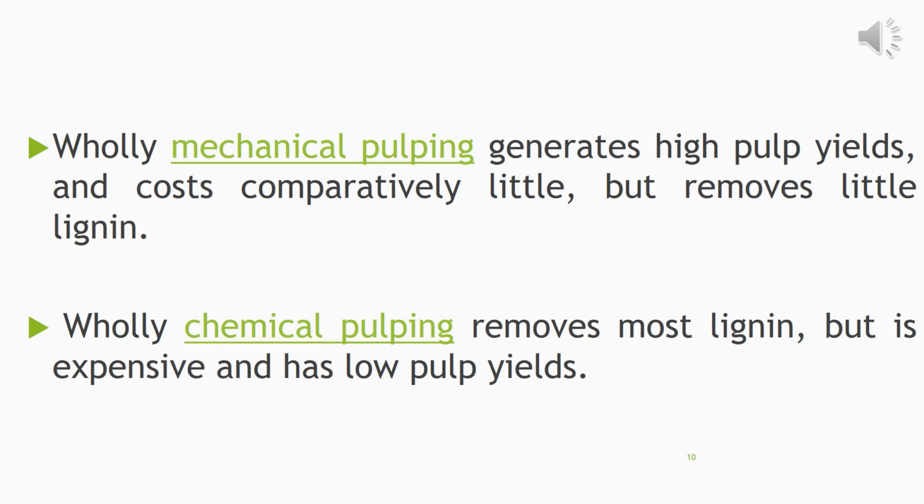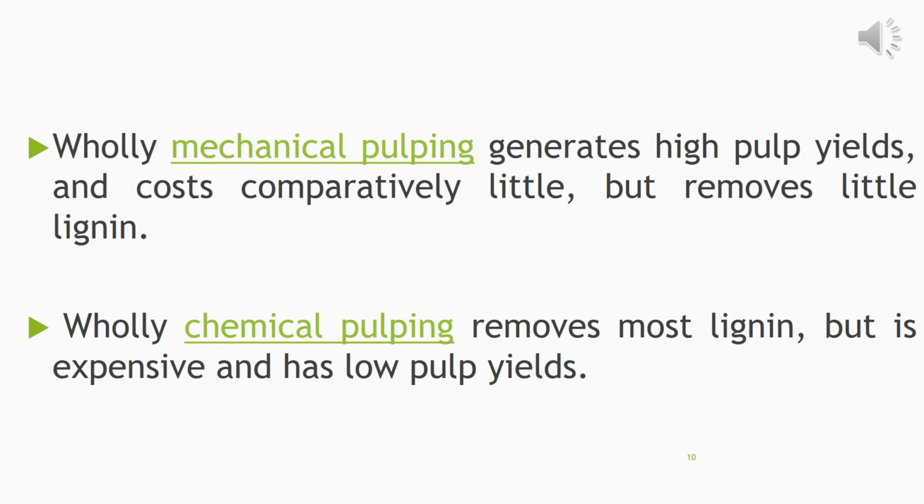So if we compare both pulping techniques, mechanical pulping gives a high yield and chemical pulping gives a low yield.